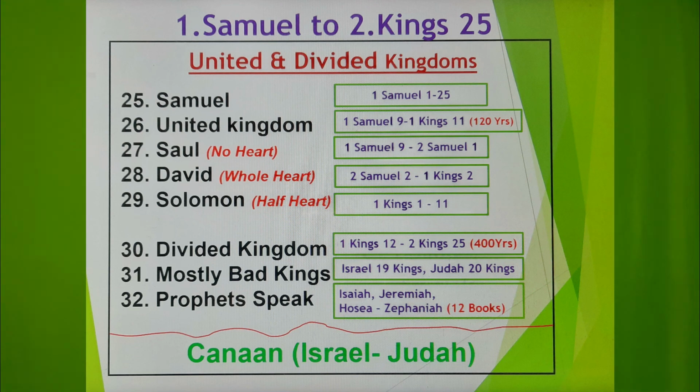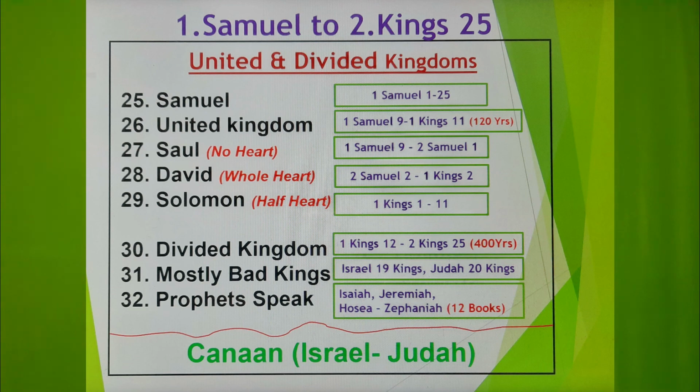Just note this: in the United Kingdom period and the divided kingdom period, prophets were there in both. But in the United Kingdom period, there are no prophetical books. Prophets are there, but no prophetical books.